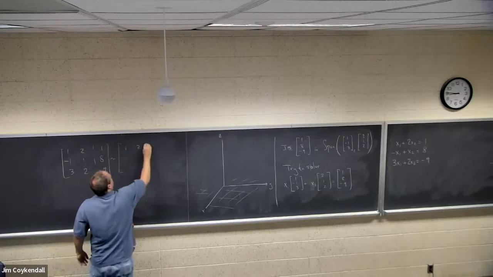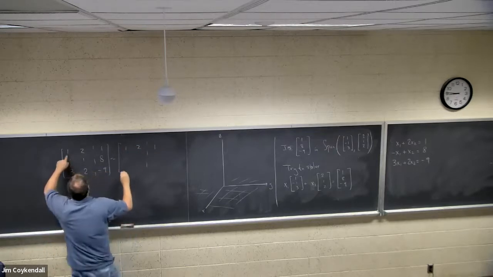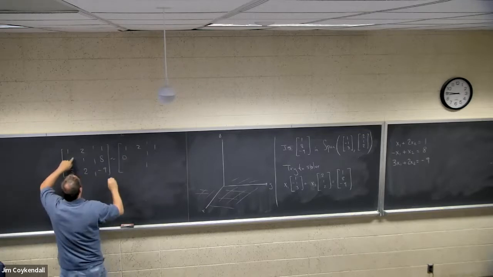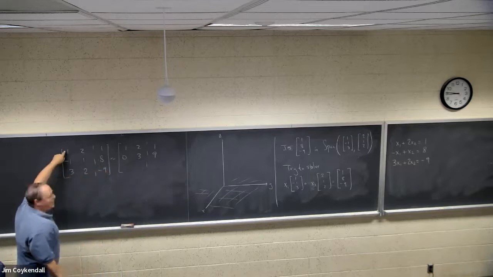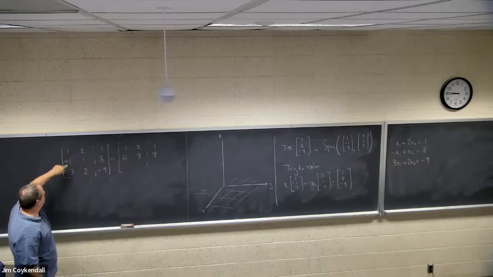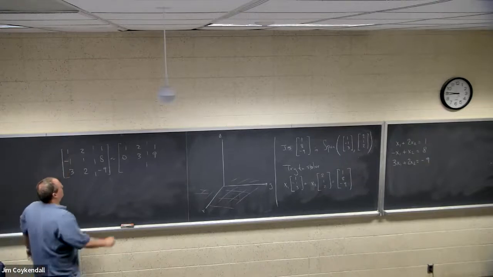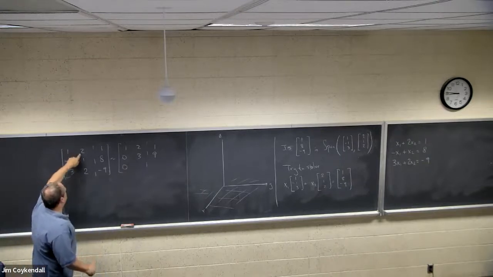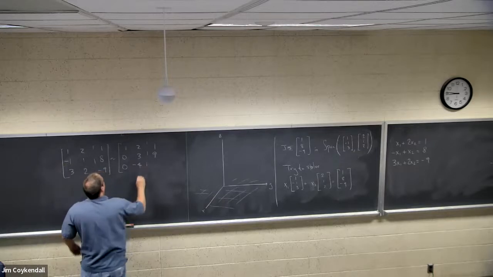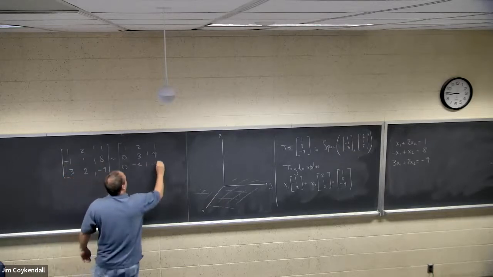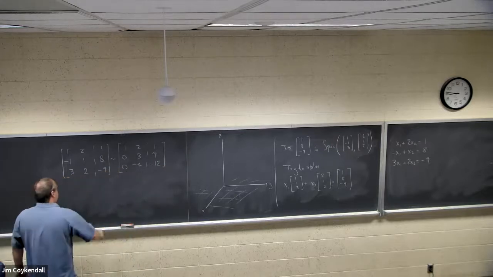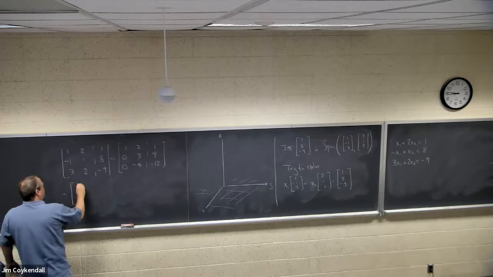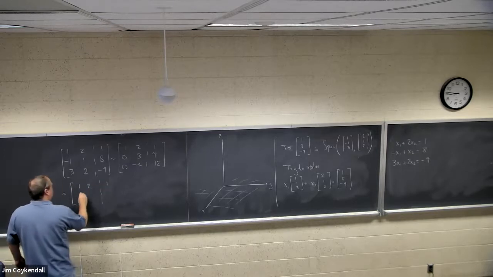The first row stays 1, 2, 1. Add it to the second row: 0, 3, 9. And I'm going to multiply the first row by -3 and add it to the third: that gives -4, and -9 minus 3 is -12. I can clean this up a little bit: 1, 2, 1; 0, 1, 3; 0, 1, 3.